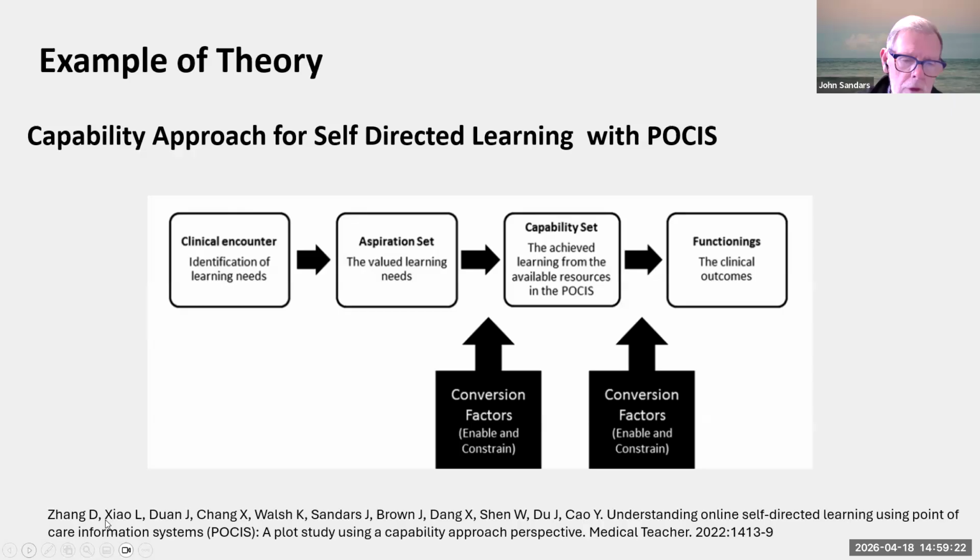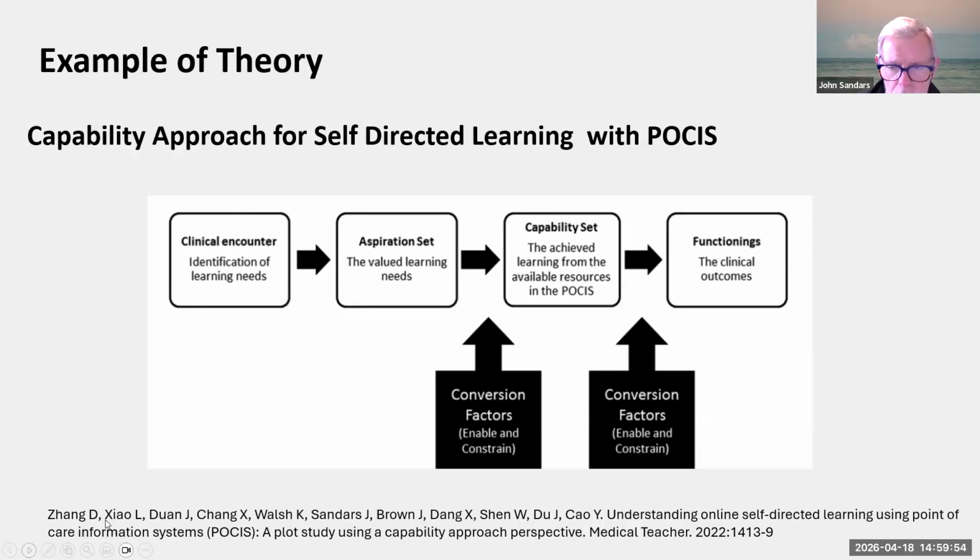And we use this model to give some structure so that when we were conducting the research, we were able to ask specific questions related to what type of clinical encounter, what were they learning, what would they value to learn from the point of care information system, what information did they actually achieve, and how did they put that information into clinical practice? Because that's the subtle difference.